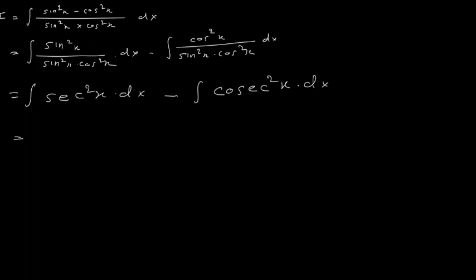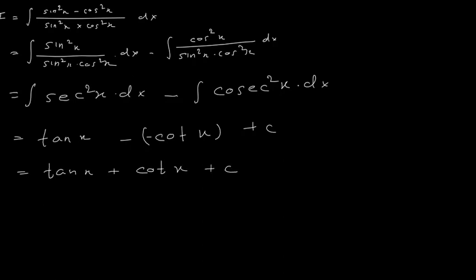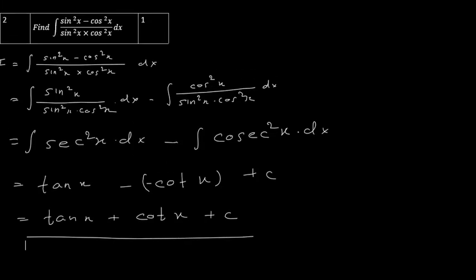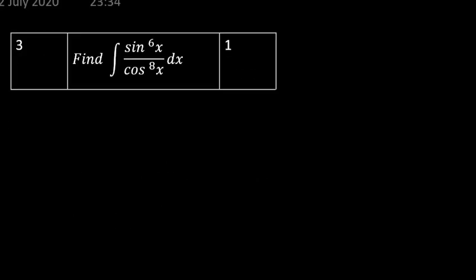Now integration of sec square is tan x minus integration of cosec square x is minus cot x. So it is minus cot x plus c. This minus minus is plus, so tan x plus cot x plus c is the required result. Simple? Okay.